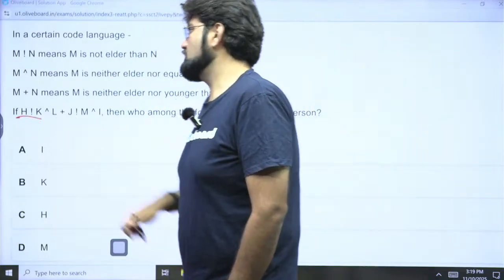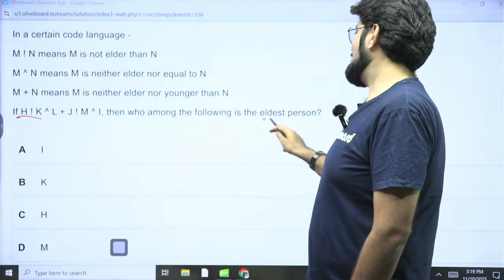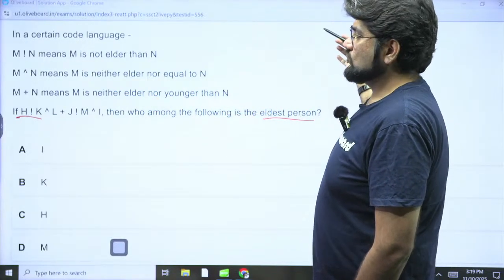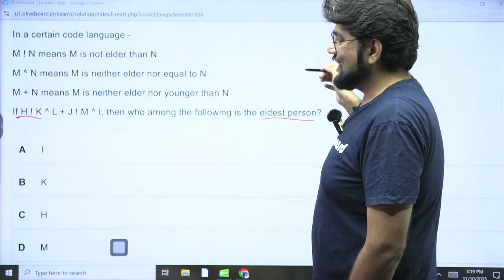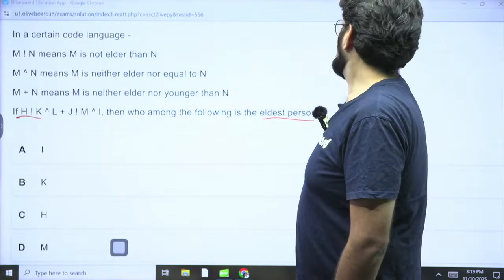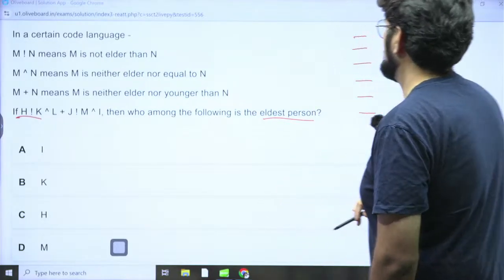H exclamation K. The question in the end is asking after this expression, who is the eldest? There are H, I, J, K, L, M. These are the 6 people.